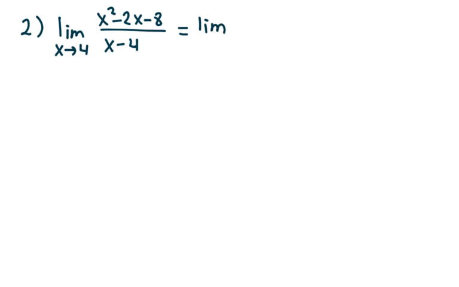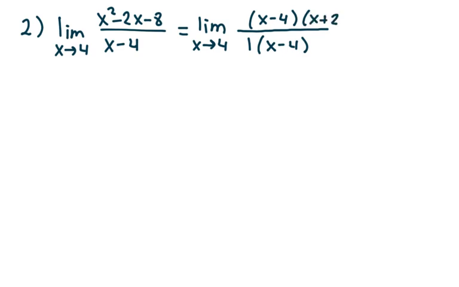So this is the limit as x goes to 4 of, in the denominator, if you don't mind, I'm going to write this as 1 times x minus 4. In the numerator, I'm going to write x minus 4 times x plus 2.